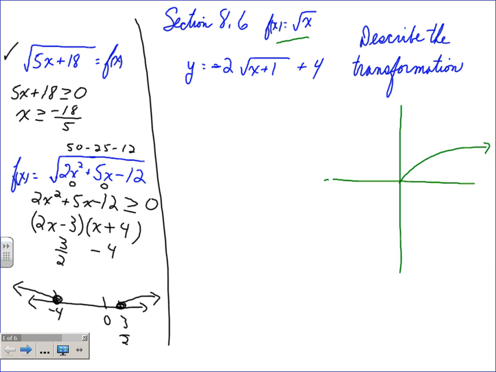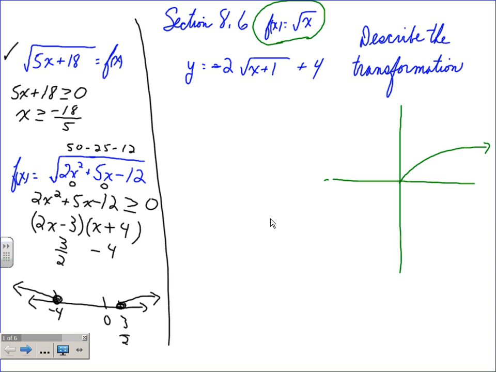Describe the transformation. In green, I've graphed the parent function. The parent function, we're dealing with radicals. F of x equals square root of x. And over on the right here, you can see what that function looks like. Sort of this half parabola.